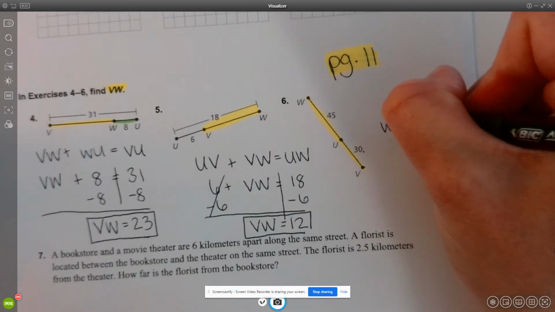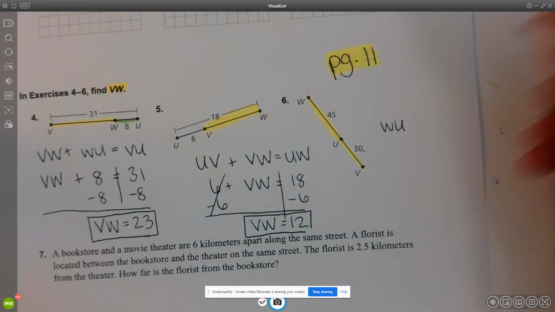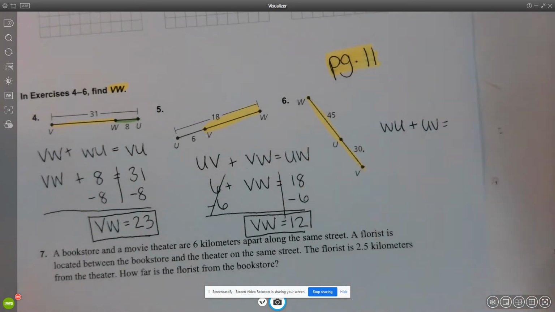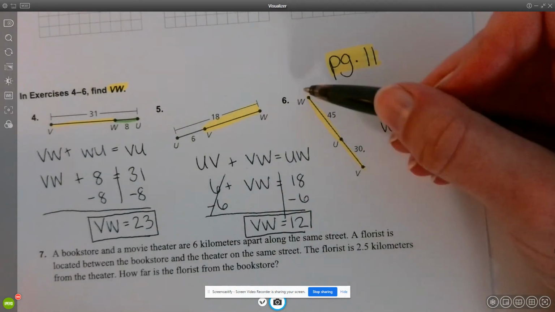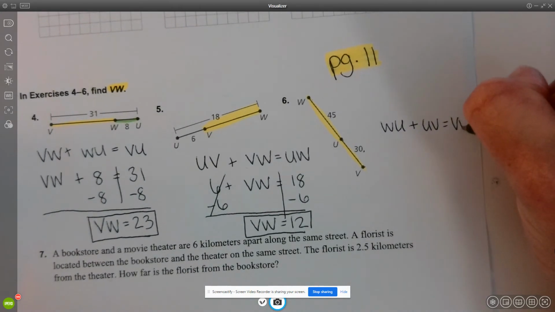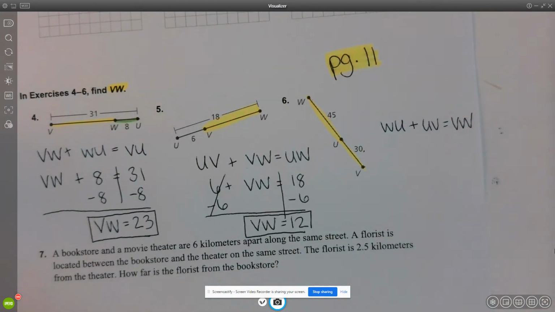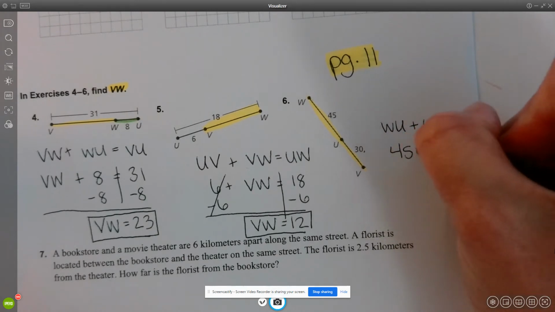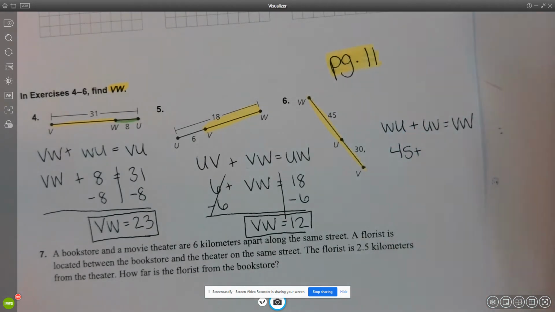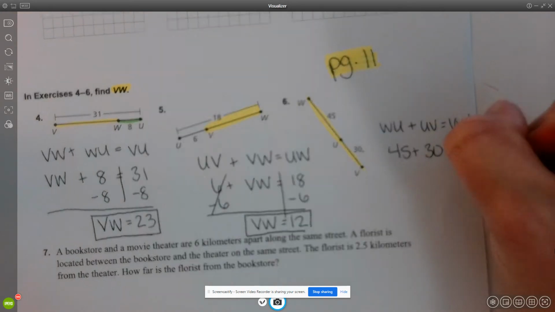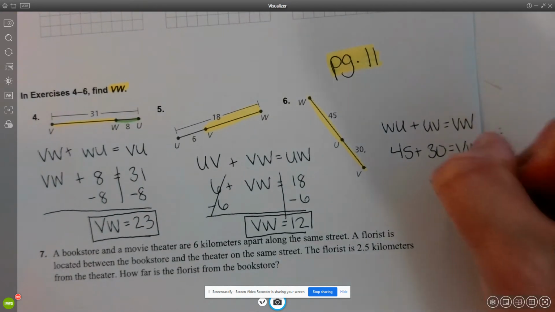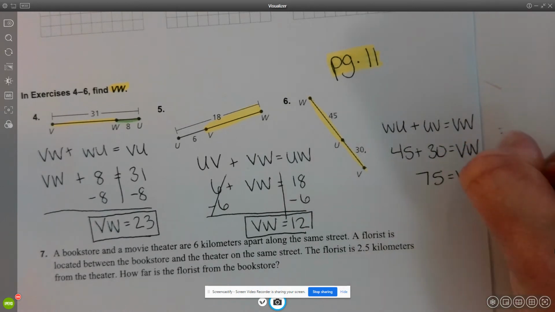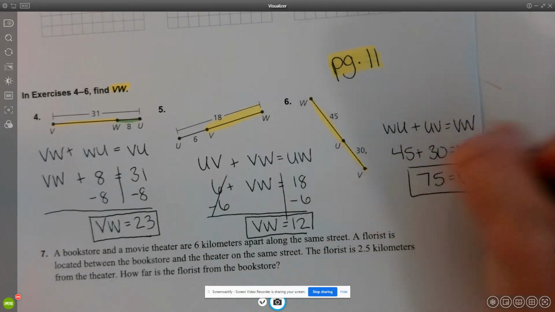Line segment WU, its length added with the length of UV, must equal the length of the whole line segment VW. WU has a length of 45, and line segment UV has a length of 30. And so the length of VW is 75 units long.